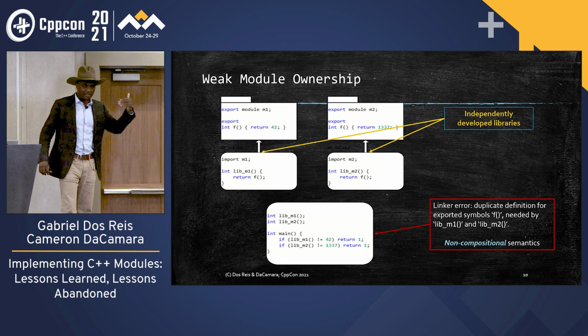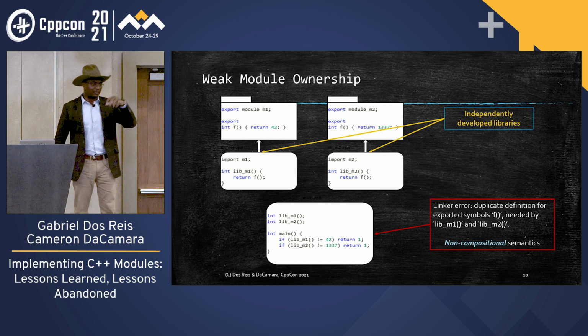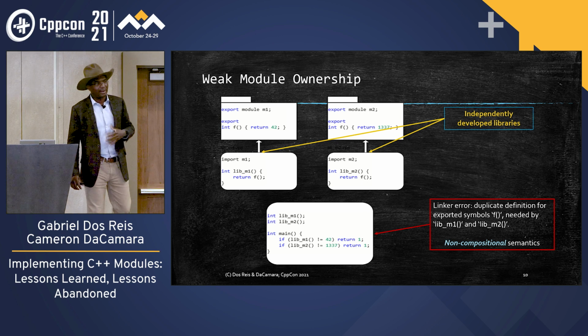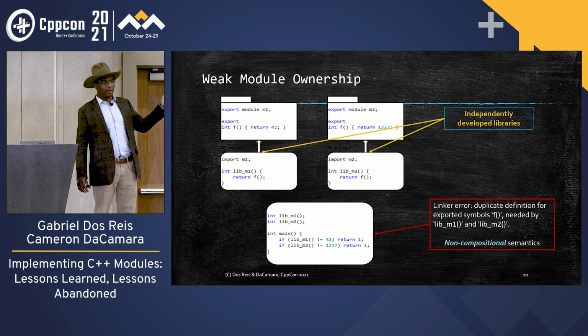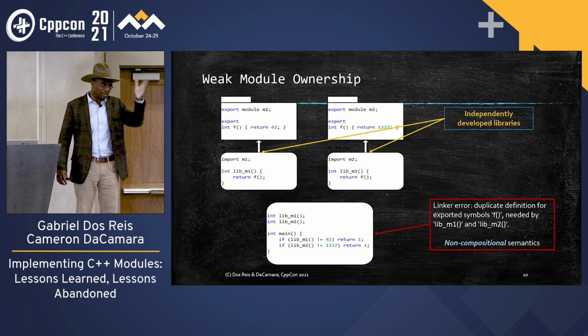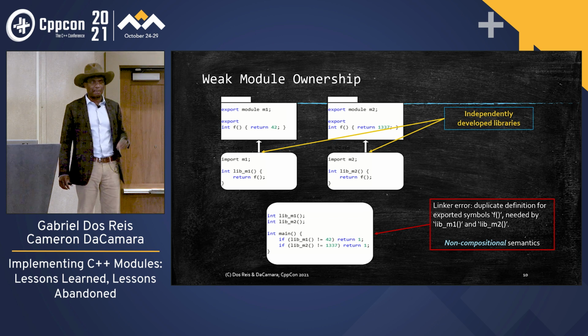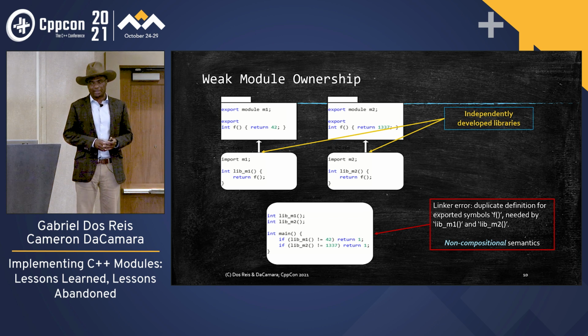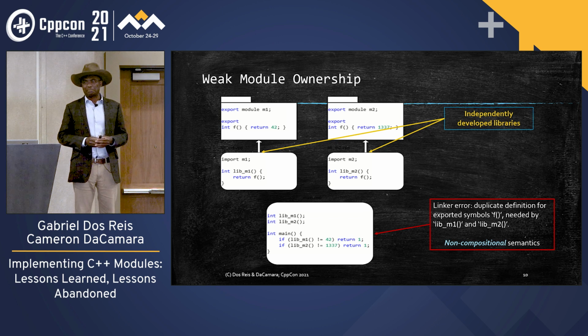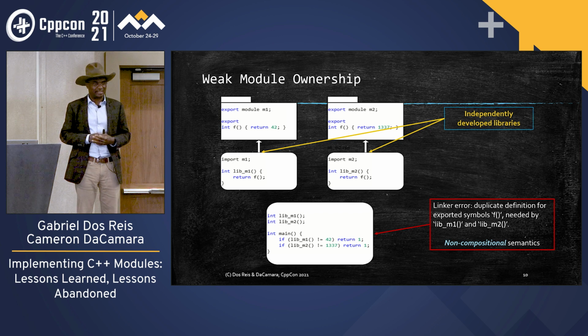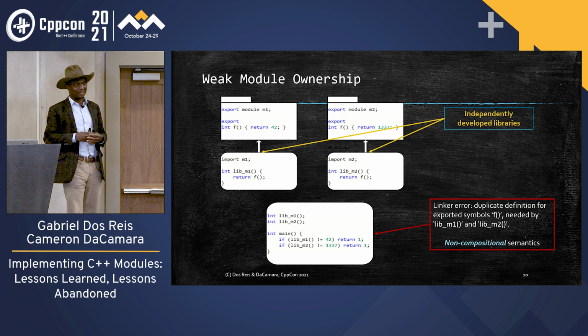In module M1, someone is providing you a library function, lib M1, that internally takes a dependency on module M1, and calls the function f, imagine swap, right, from module M1. And independently, Cameron goes on to develop component M2, depending on a module M2 that also exposes this very useful function called f.